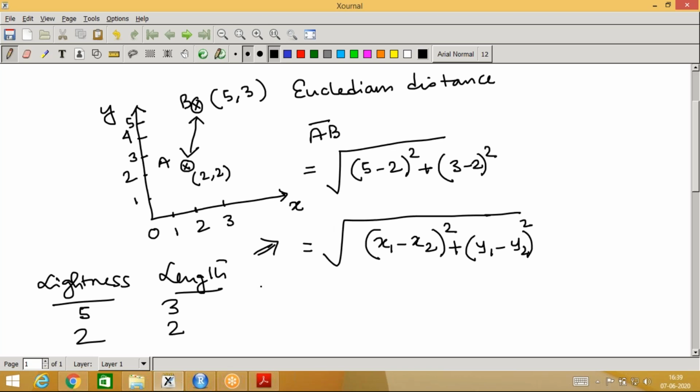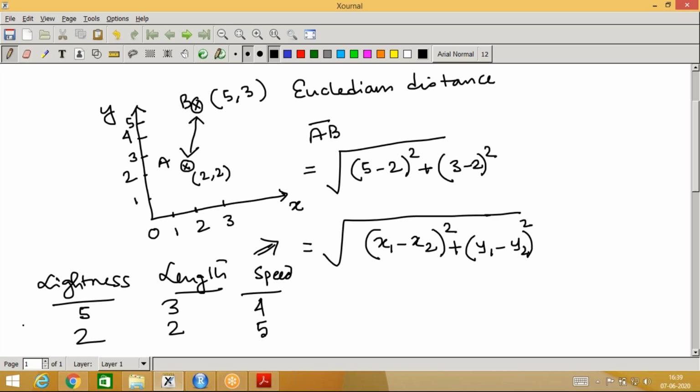Let's say I also have another variable, so not 2-dimensional but 3-dimensional: lightness, length, and let's say speed, the speed at which they run. Let's say 4 and 5.